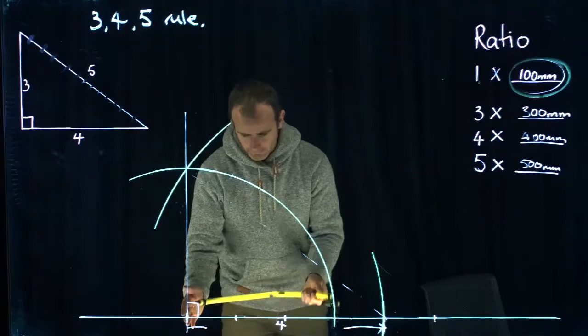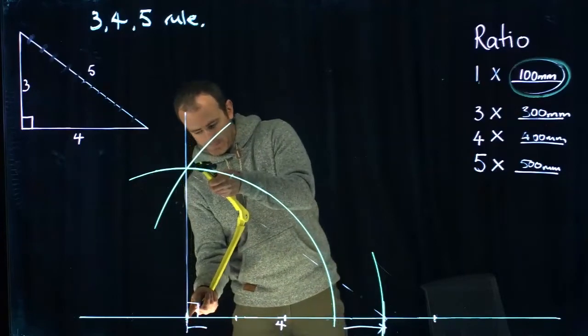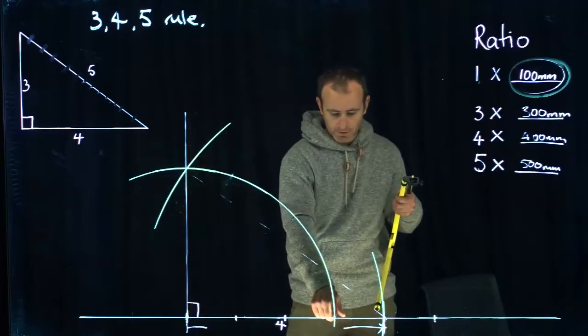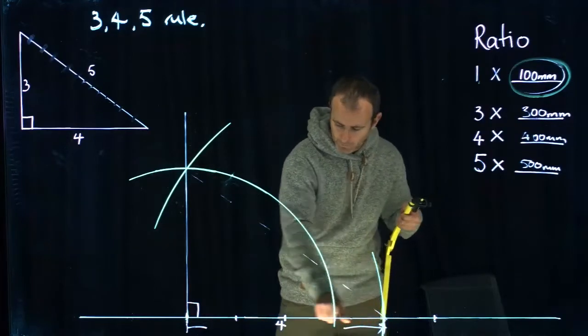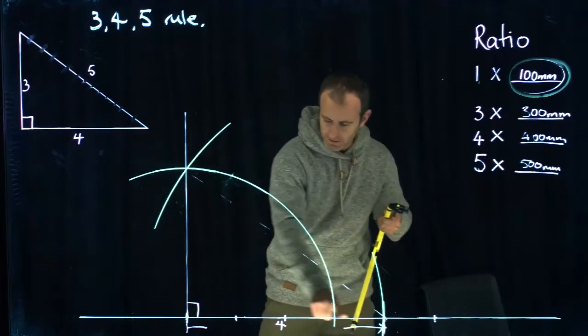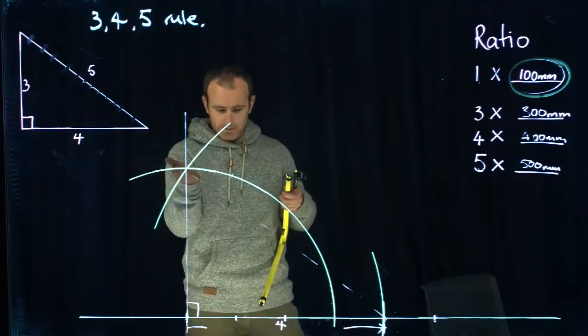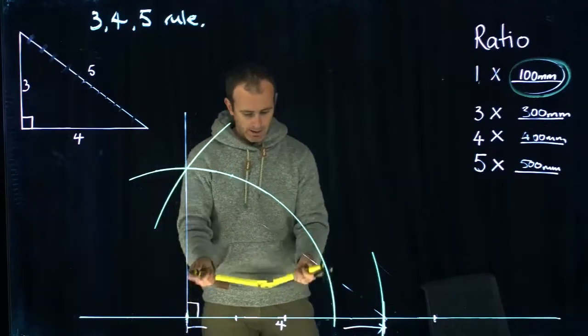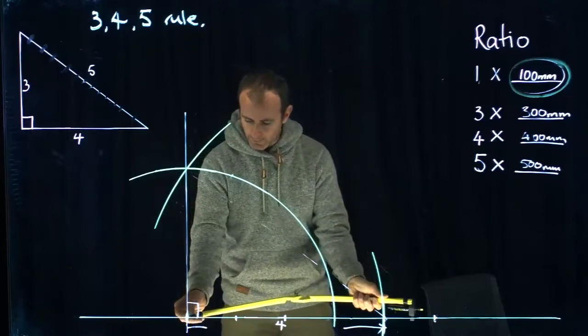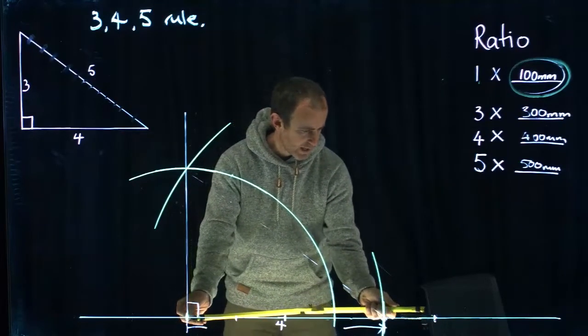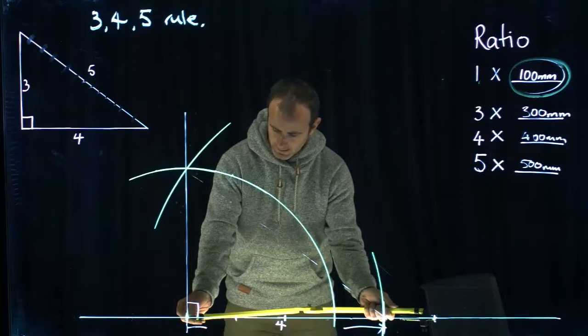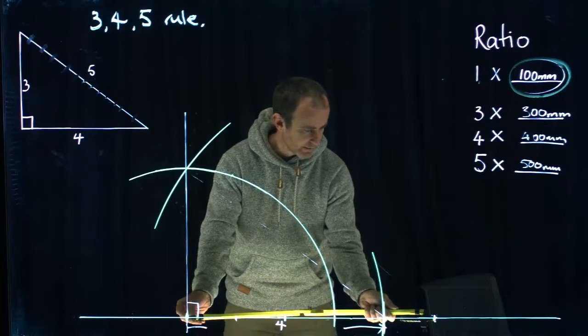Okay, so my 3 portions has gone up to here. Don't worry about the fact that it's gone to here because I'm still sticking with my bottom line to my 4 portions. Now I've found my height of my 3 portions. Now I need to confirm it by adjusting this out to my 5 portions way out there. Make sure I'm reasonably accurate.